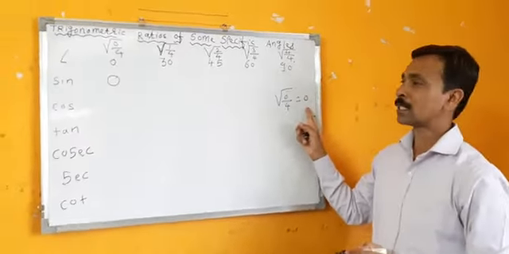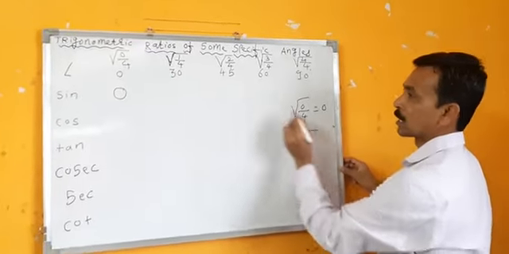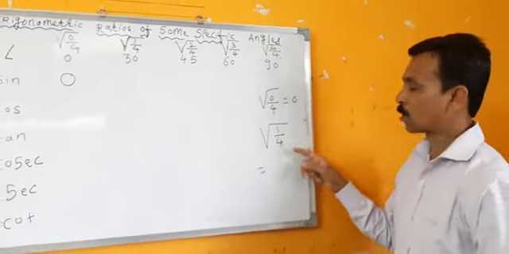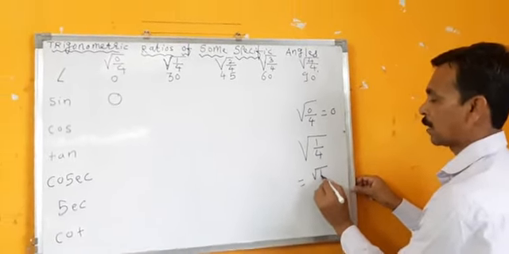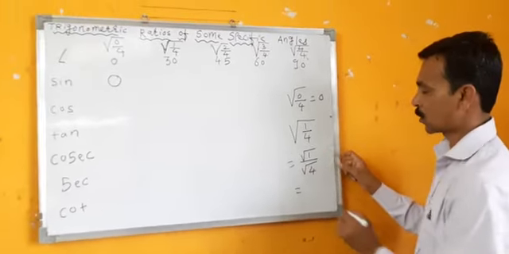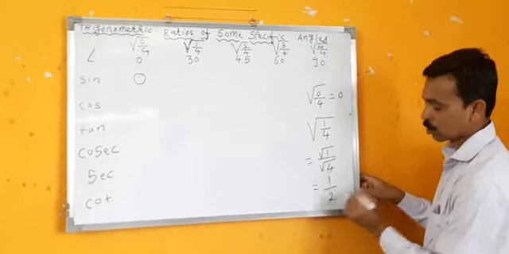Now we take sine 30. What is the number above 30? Under root 1 by 4. Under root 1 by 4 can be written separately as root 1 upon root 4. What is the square root of 1? 1. What is the square root of 4? 2.